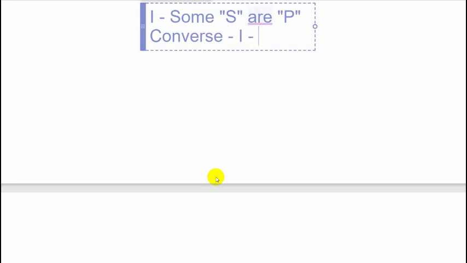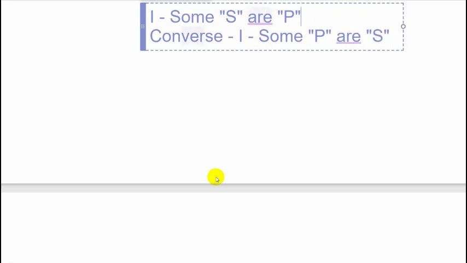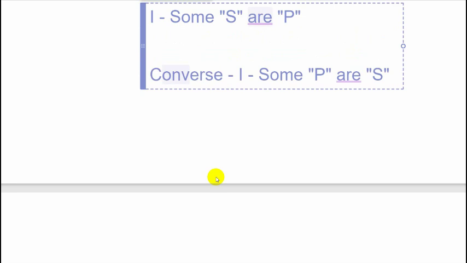We studied that earlier. In converse we interchange the subject and predicate, so it will be like this: some P R S. This is the converse. Now what about the obverse of I? The obverse of I is O. I mentioned that earlier.